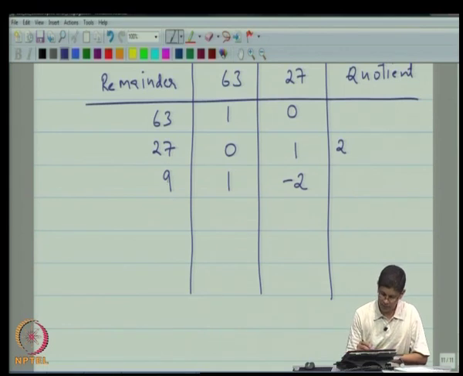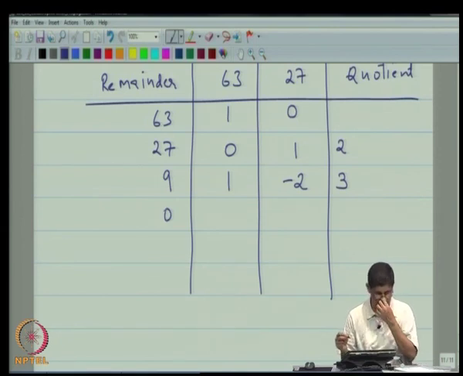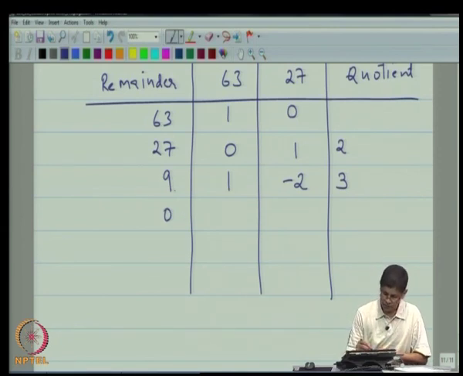And now we continue. 27 divided by 9 gives you a quotient of 3 and a remainder of 0. Now, this 0 was obtained by subtracting 3 times 9 from 27. So, the entry here should be 0 minus 1 times 3, that is negative 3.